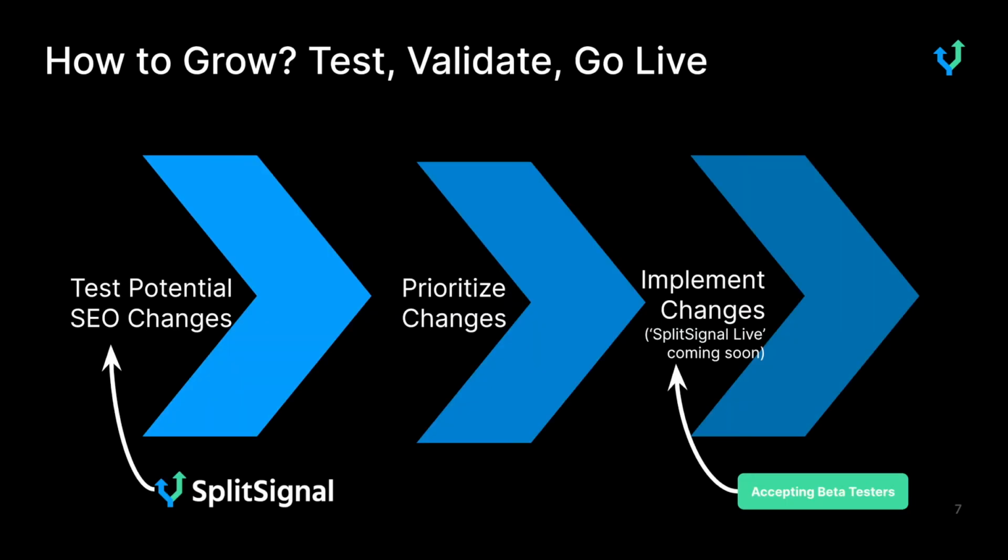The basic methodology for how to grow your website is to test, validate, and go live with these changes. SplitSignal will help you test potential SEO changes so you can learn and confirm what your dev team needs to prioritize. Once your dev team has prioritized these changes, you then push them to a Jira ticket, and your dev will implement these changes.